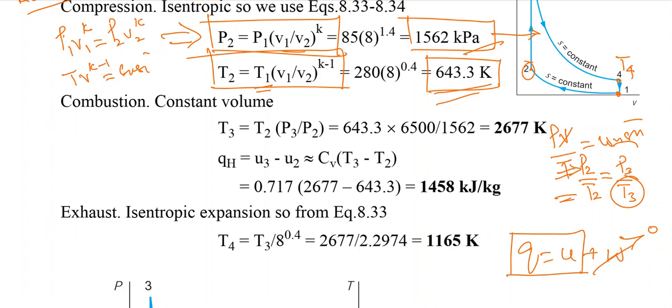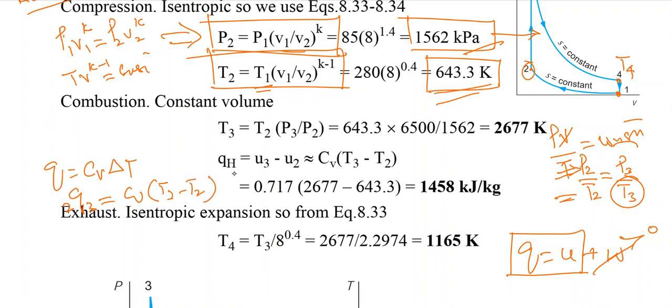So for the ideal gas, Q would be equal to the change in internal energy, and for internal energy we have the equation which is equal to Cv delta T. So for the process from 2 to 3, Q from 2 to 3 would be equal to Cv (T3 minus T2).